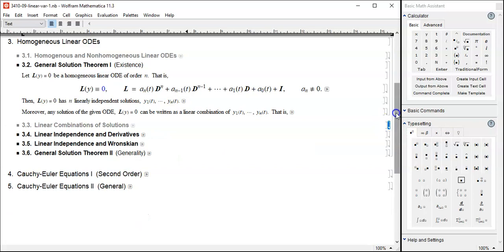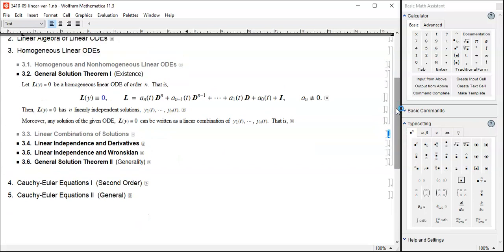But in any case, what's the conclusion? The solution set of the homogeneous linear ODE is actually a solution space, a vector space. And then combine that with the first statement here, we have a linearly independent family of that vector space. And if you apply the second statement here as well, then the linearly independent family actually spans or generates the entire vector space as well.